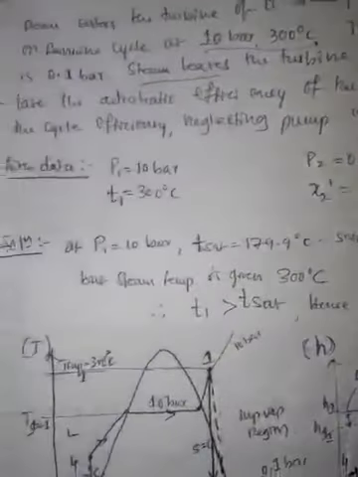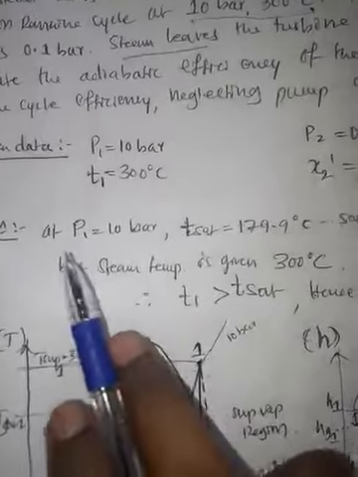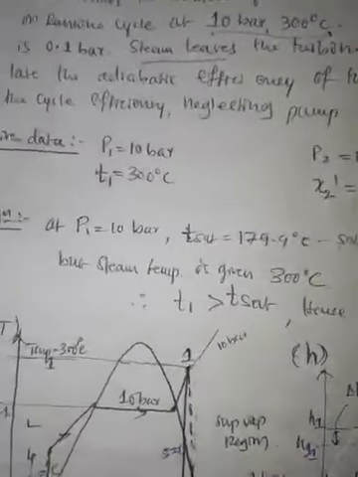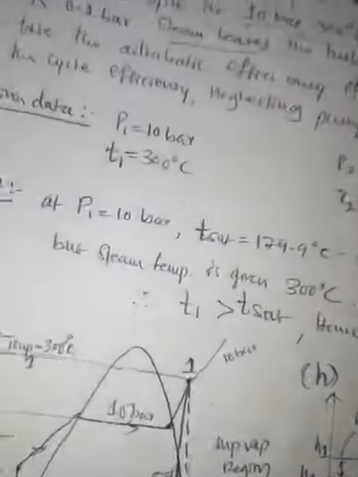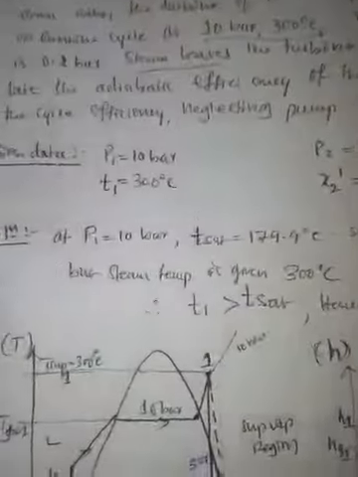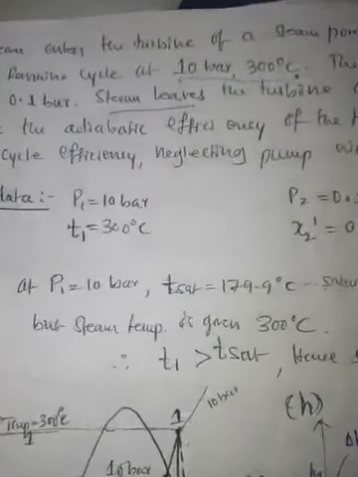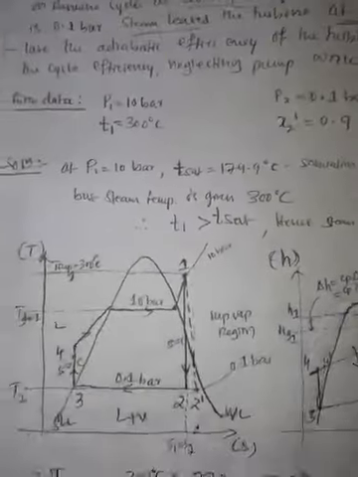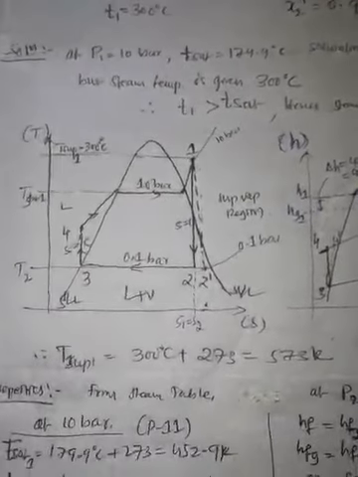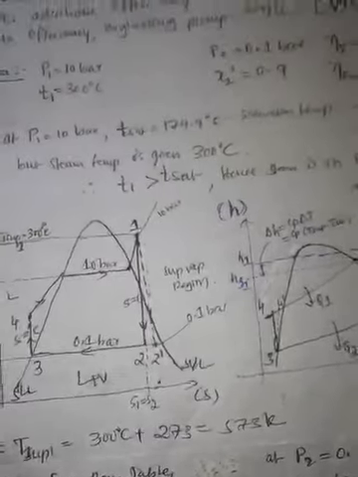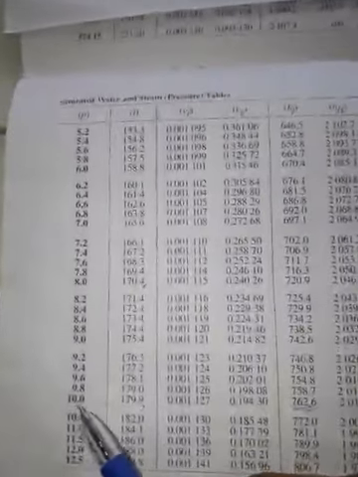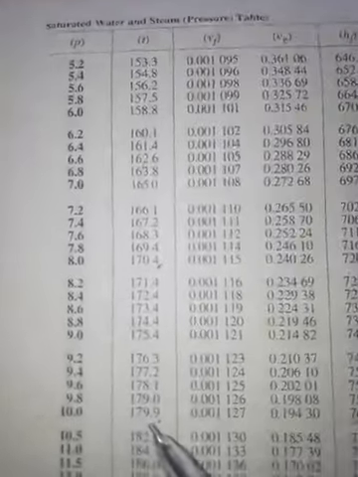So friends, let us solve this problem. At P1 equal to 10 bar, let us note down the saturation temperature. See here, it is available on page number 11. At 10 bar pressure, the saturation temperature is 179.9 degrees Celsius.